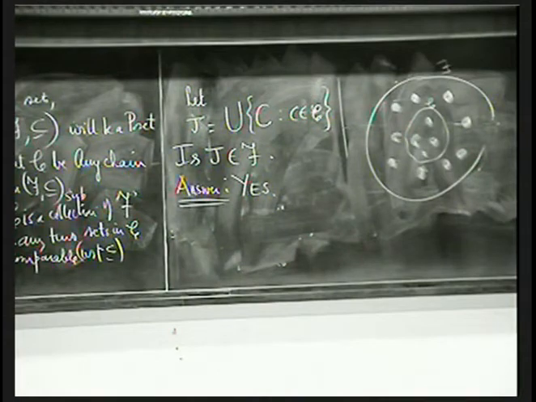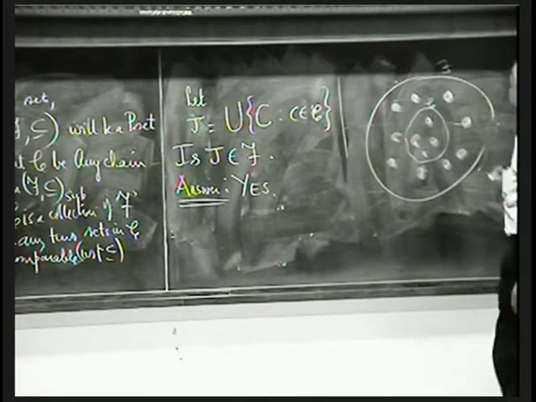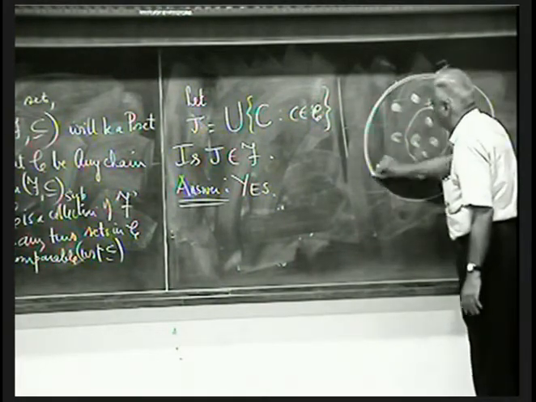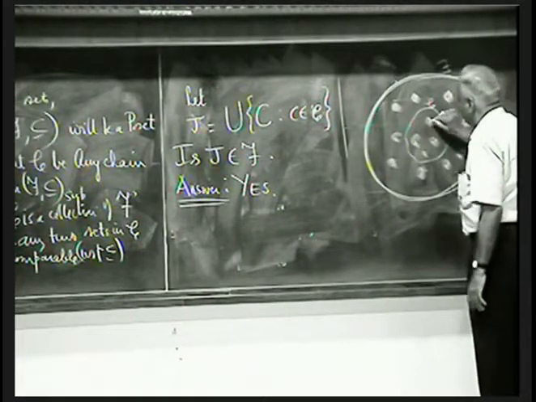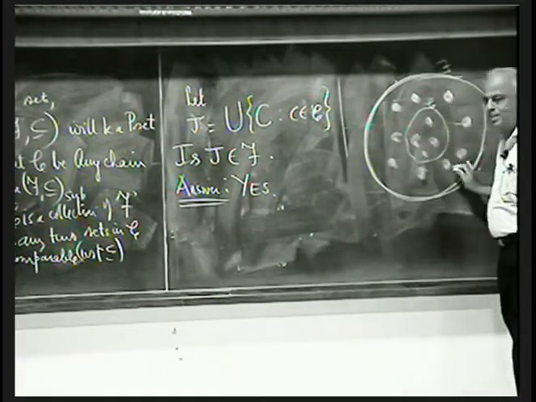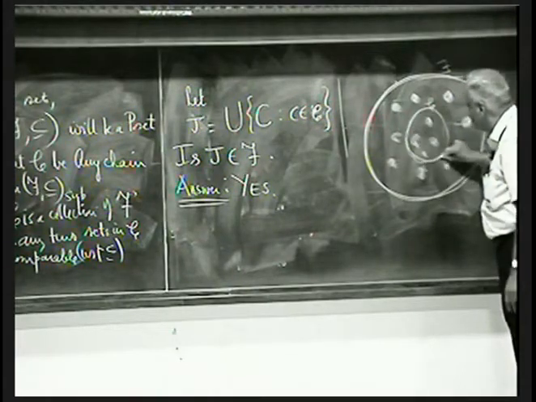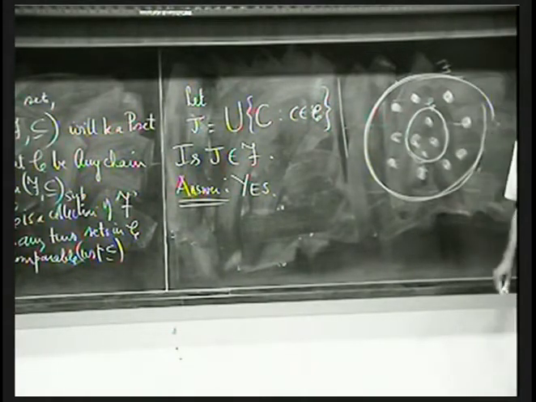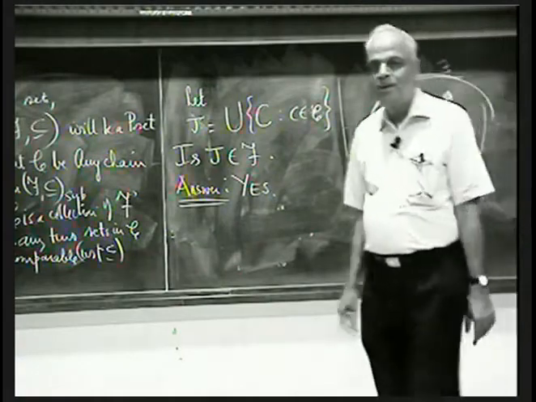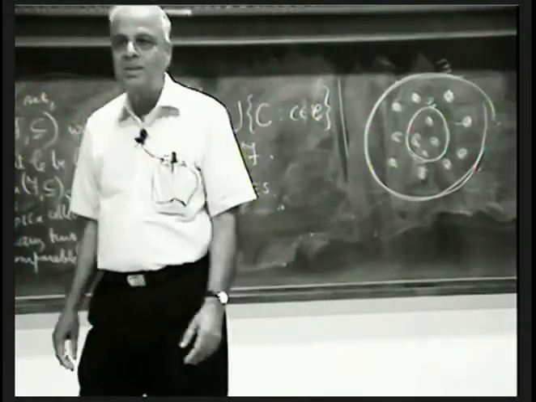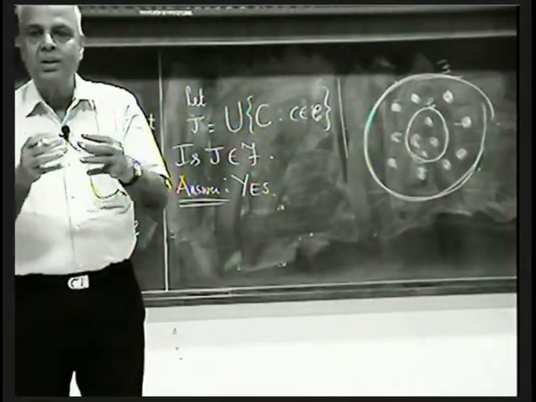Messy statement. I have this collection of sets. Each one is a box. Now among those boxes, I choose a certain smaller collection of boxes. This smaller collection of boxes are comparable.